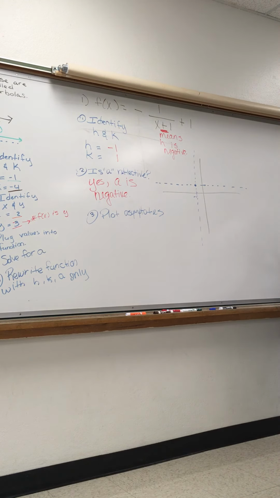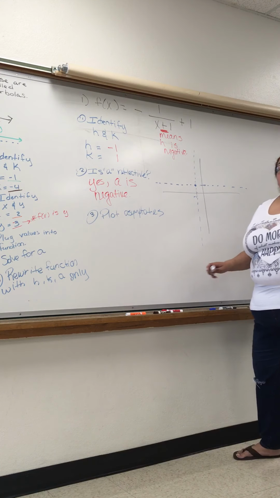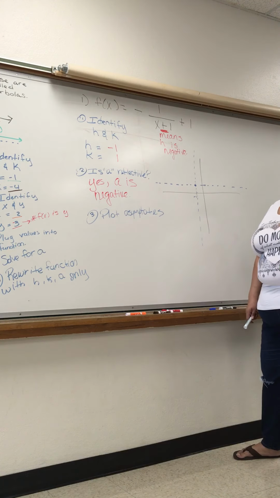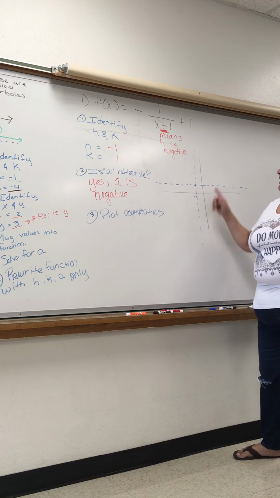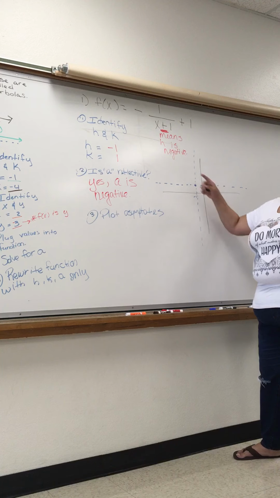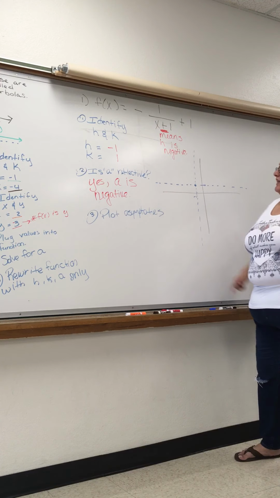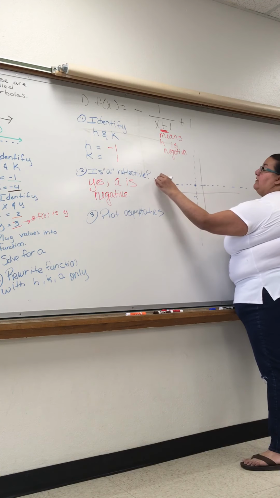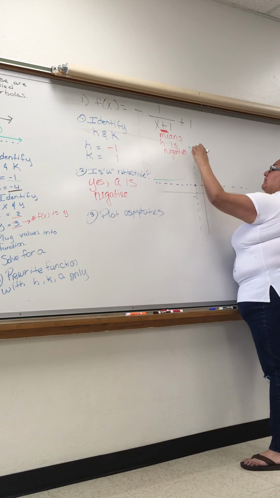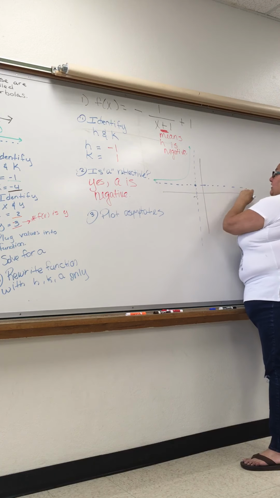After you're done plotting asymptotes, because A is negative, you now graph. Don't worry about how big you're making your function. You just need to know where on the crosses they go. Because A is negative, you're going to go over here, and here you're going to go right here.